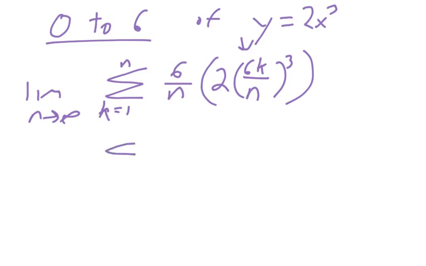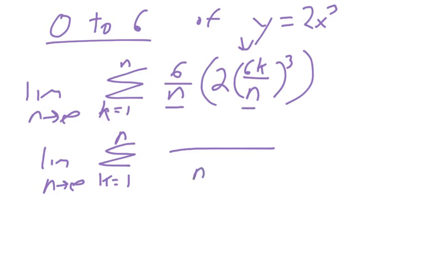So I'm going to try to simplify this. We have k from 1 to n as n goes to infinity. On the bottom I have this n and these three n's, so that's n to the fourth. On the top I have a 6, a 2, and 6 to the third power, and a k to the third power, so I just put the k to the third in there.